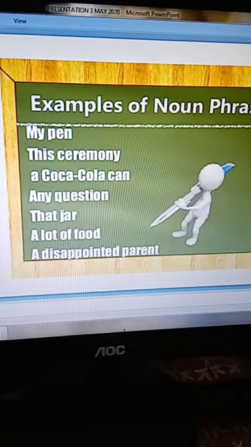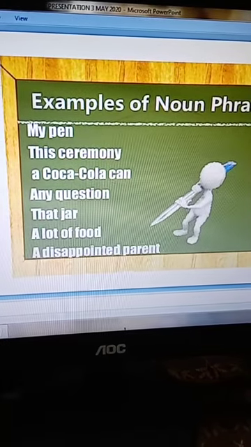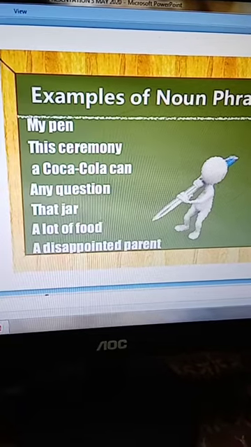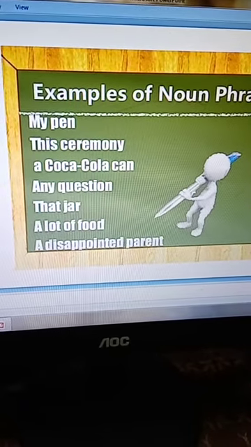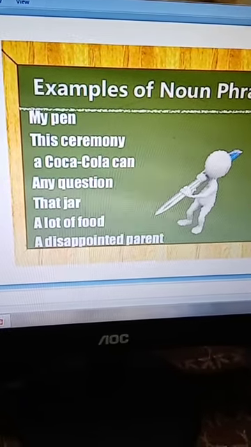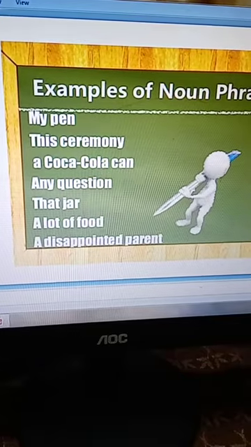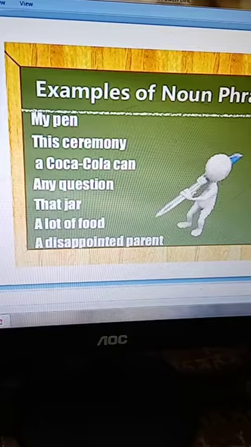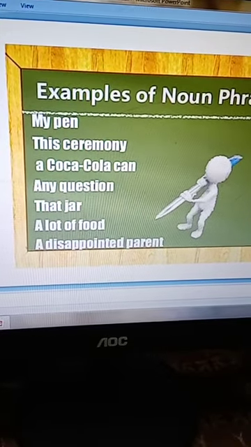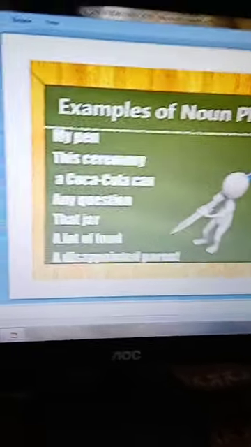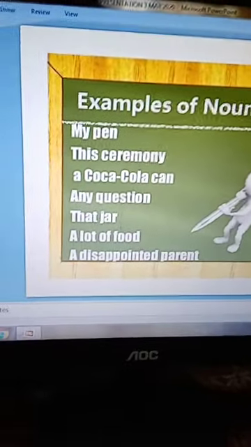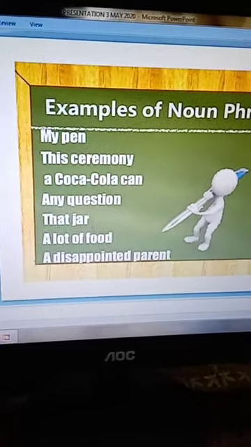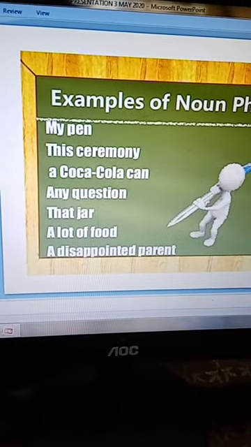Whatever words you see used before the noun are determiners. Pen, ceremony, Coca-Cola can, question, jar, food, disappointed parent: these all are nouns. And the words used before these nouns are determiners.